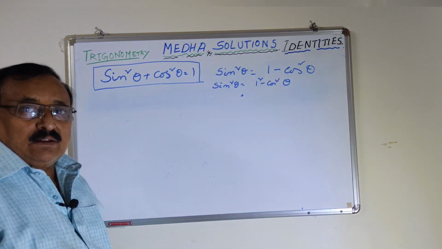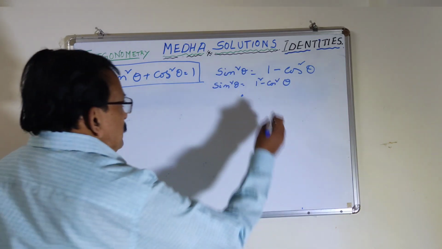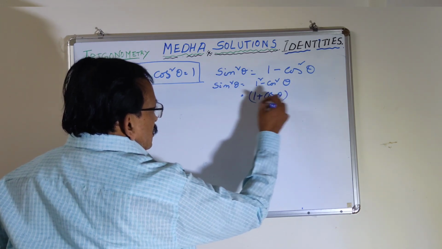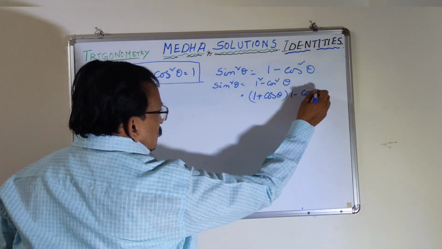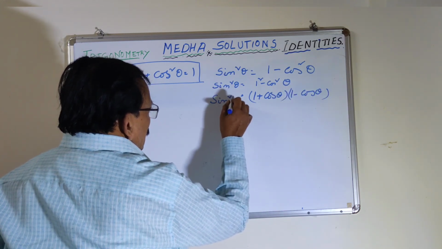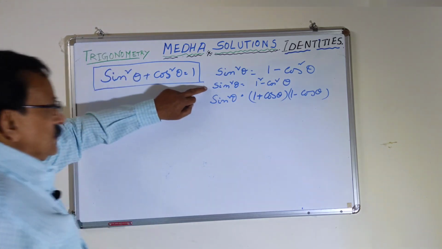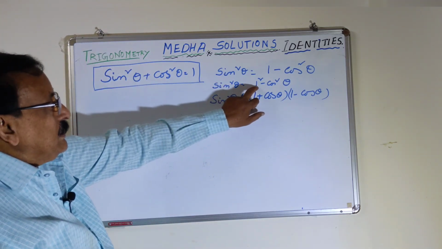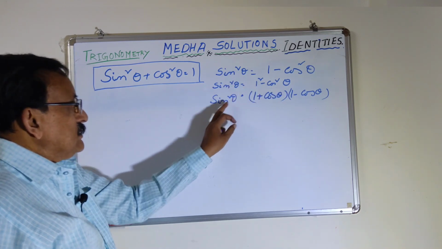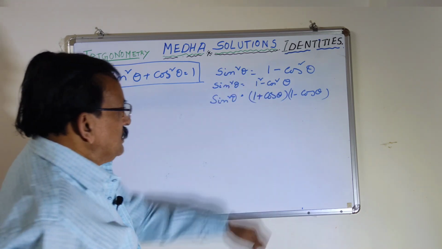And a square minus b square is equal to a plus b into a minus b, so 1 plus cos theta into 1 minus cos theta is sin square theta. So instead of sin square theta you can write 1 minus cos square theta, and again split it: sin square theta is equal to 1 plus cos theta into 1 minus cos theta.